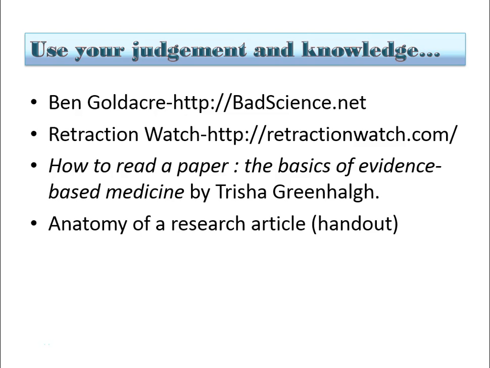Gathering as much information as you can about studies and how to assess methodologies, sample sizes, bias, and other parameters will help you make a good judgment when looking at the literature.